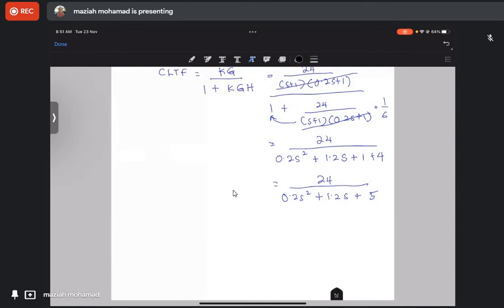But we cannot determine K, omega n and zeta yet because the transfer function is not in standard form.